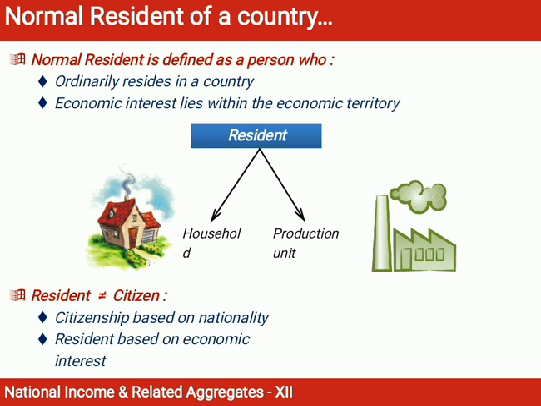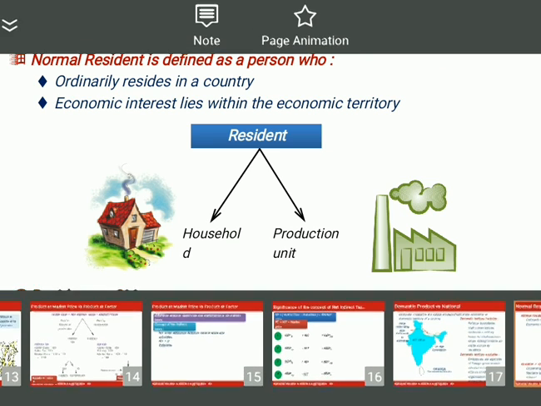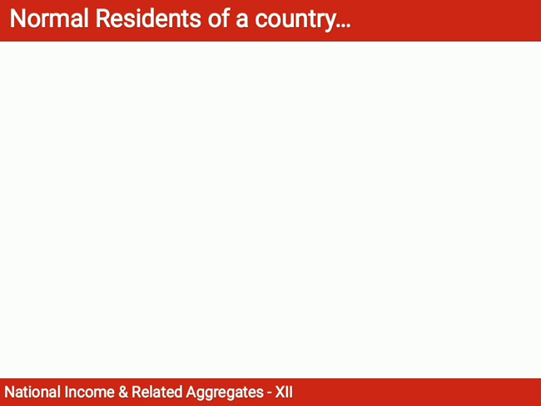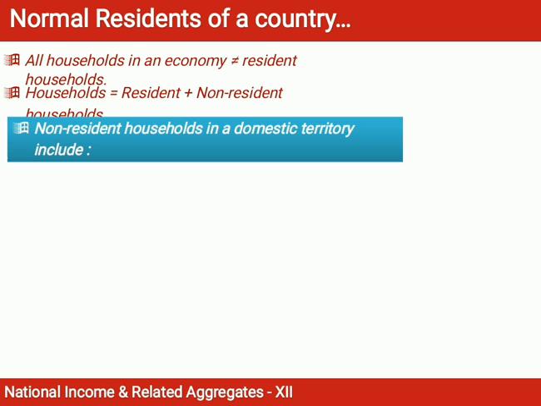A Chinese living in India for more than 1 year is a normal resident of India. However, he is not a citizen of India as he does not hold citizenship of India. It means a person can be a citizen of one country and at the same time a resident of another country. So hope you understand the concept of normal residents.